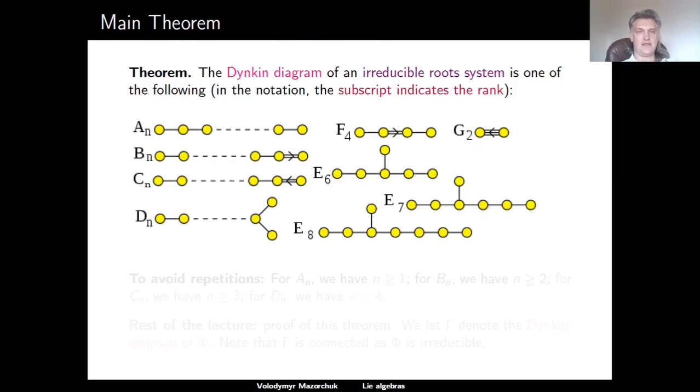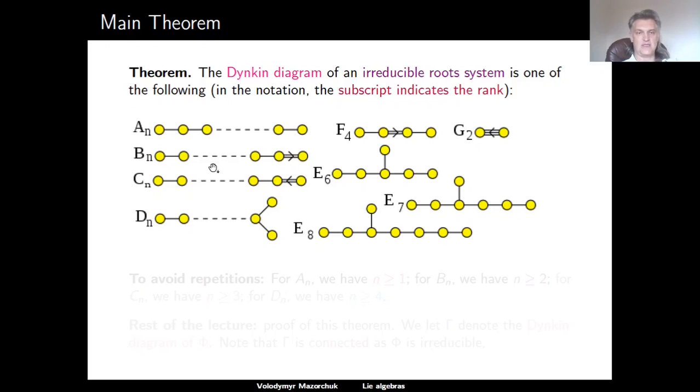Now we can formulate the main theorem. The claim is that the Dynkin diagram of an irreducible root system is one of the following 9 diagrams. Actually, there are 4 families of diagrams depending on a parameter n, and there are 5 exceptional diagrams. The diagram An, with just a line like that, the diagram Bn, which differs from An by a double edge at the last step and certain disposition of our mark greater.